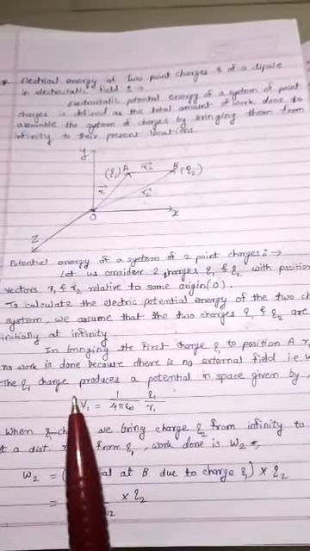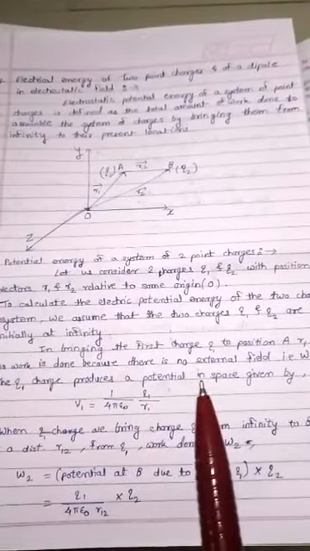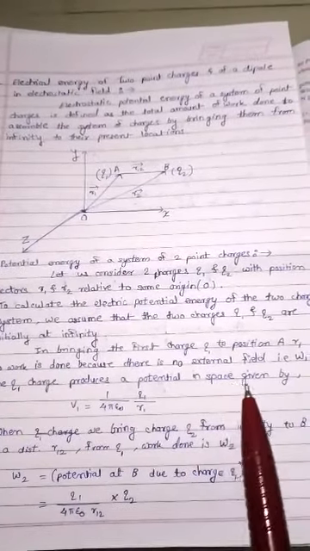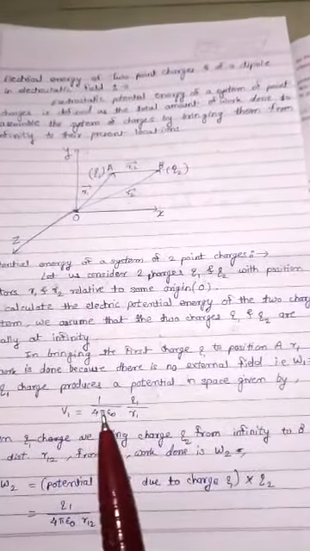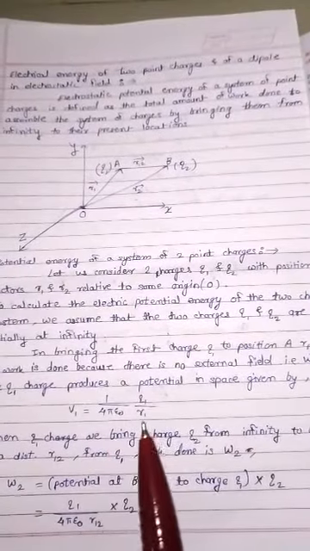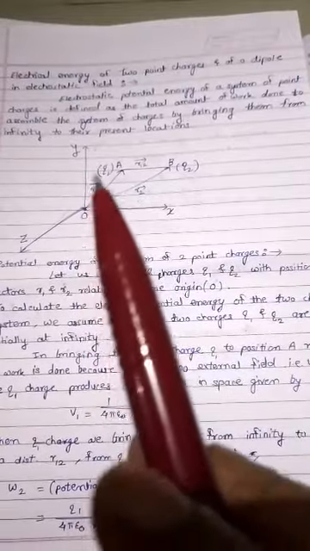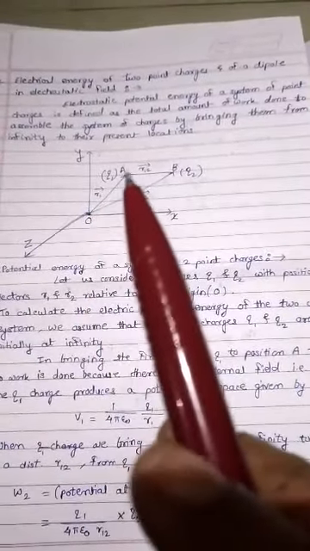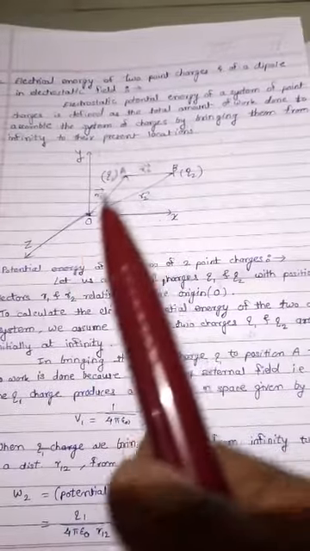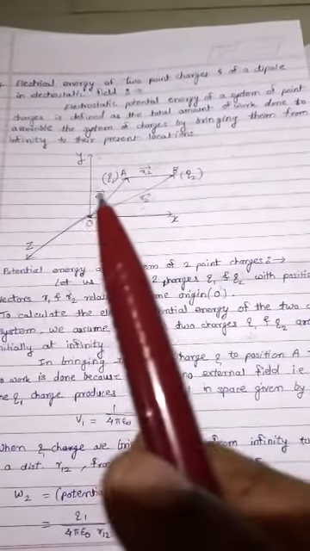Then the Q1 charge produces a potential in space given by V1 is equal to 1 upon 4 pi epsilon naught Q1 upon R1.